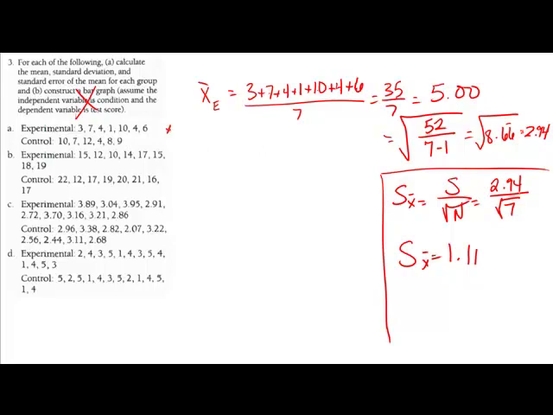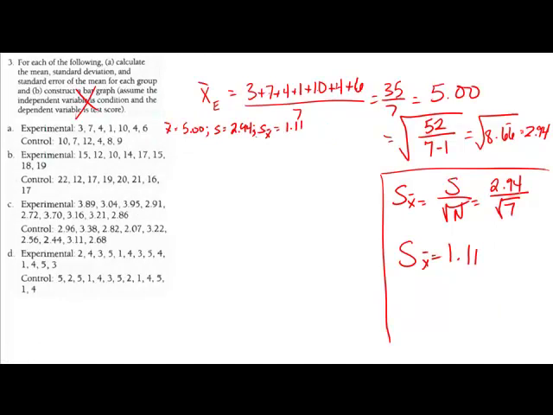So for this one, we ended up with x bar equals 5.00, S equals 2.94, and the standard error of the mean was 1.11. So you hit pause and you went ahead and did it for the control group. The mean for the control group was 9. The standard deviation was 3.06, and the standard error of the mean was 1.16. There we go.